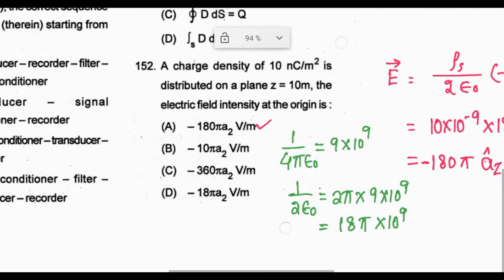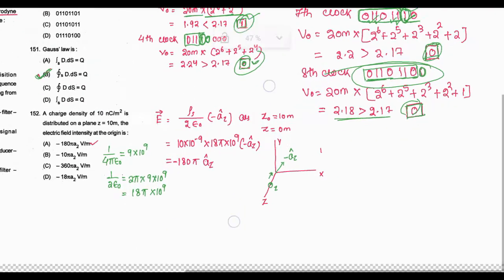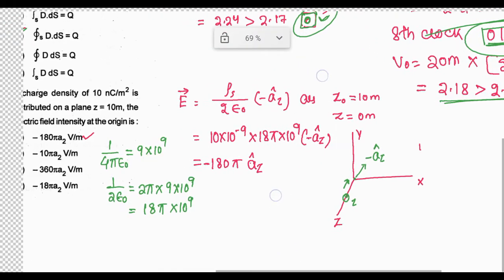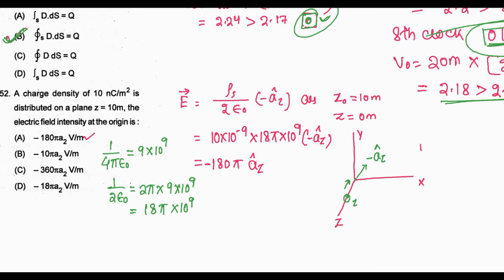question number 152. Charge density of 10 nanocoulomb per meter square is distributed on a plane z is equal to 10 meter. The electric field intensity at the origin is, so here this is the electric field intensity due to an infinitely charged sheet. So this is the x, y and z axis, and the sheet is distributed on the plane like this.